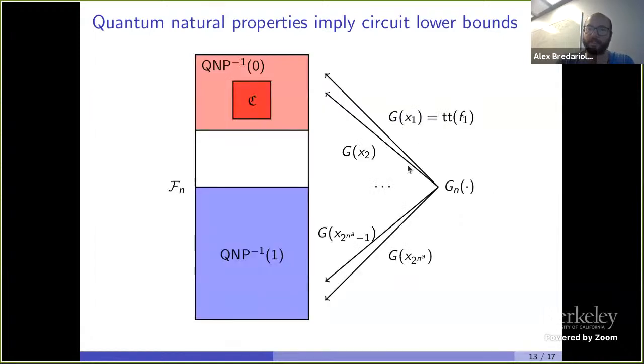So in particular, for different values of x, this PRG should give us a truth table that lies in the preimage of one. Whenever you have some x that gives us a function that lies in the preimage of one, by the definition of quantum natural properties, it means that this function cannot have a circuit of small size.